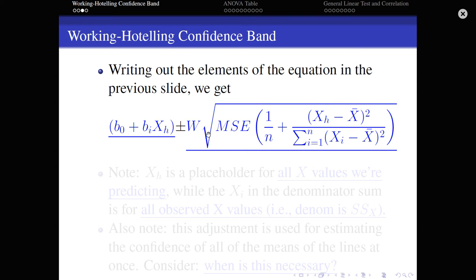W is that statistic we looked at earlier, and then we had the standard error of y hat. That's the MSE, the predicted value for sigma squared, times 1 divided by n plus x sub h minus x bar quantity squared, divided by the sum of squares of x, or the sum from i equals 1 to n of x sub i minus x bar quantity squared.